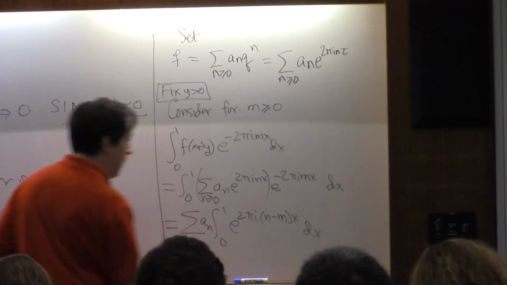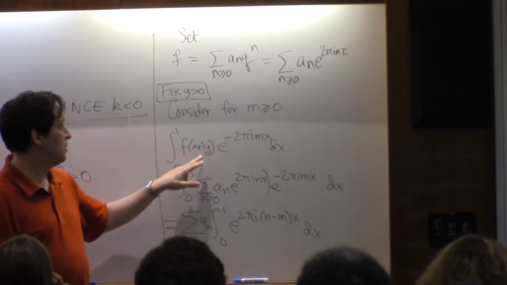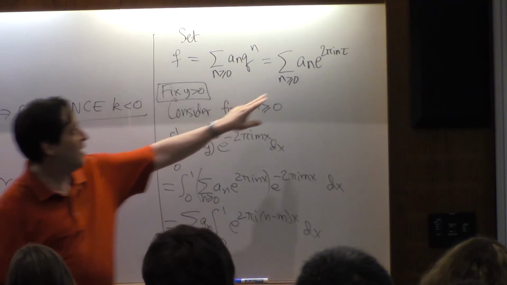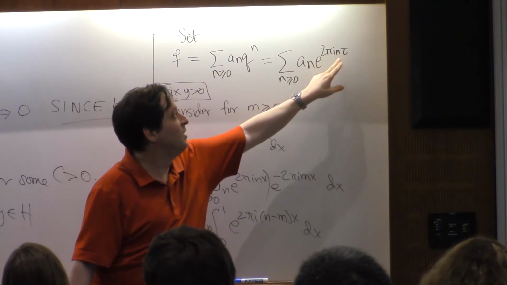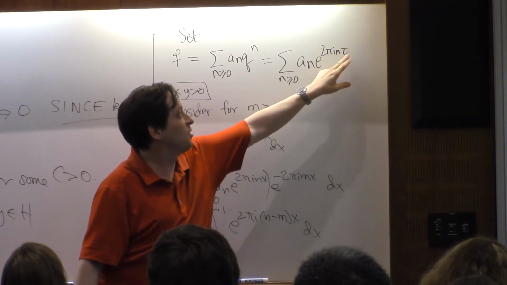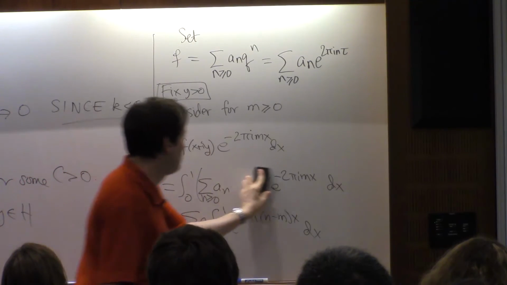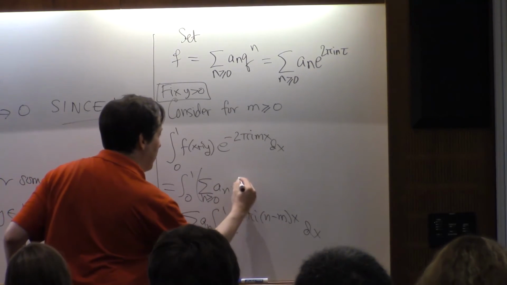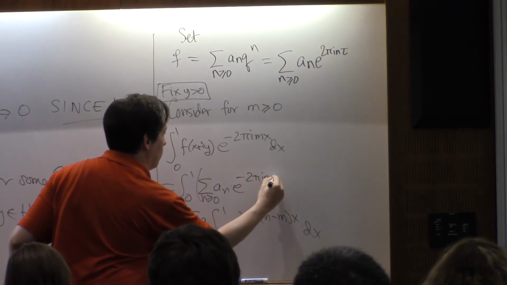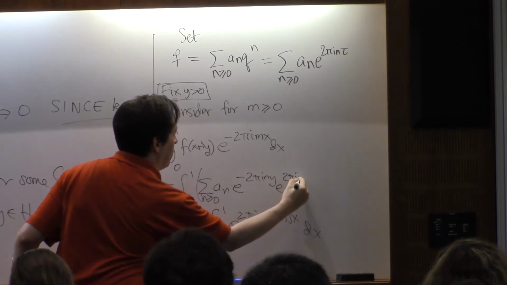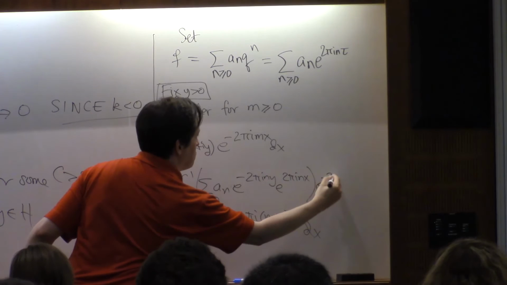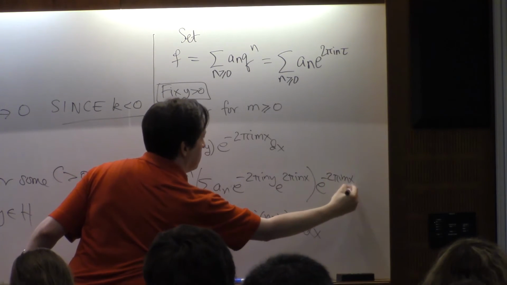Okay? And so I made a mistake, because a modular form is not e to the 2 pi i n x. It's e to the 2 pi i n (x plus iy). So I left out a critical term here. I left out e to the minus 2 pi n y, times e to the 2 pi i n x, e to the minus 2 pi i m x dx.